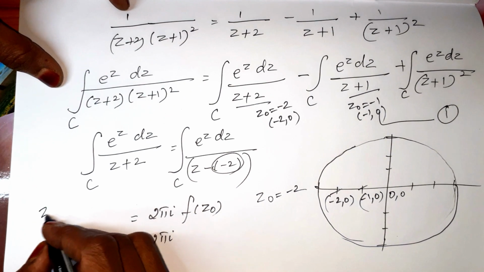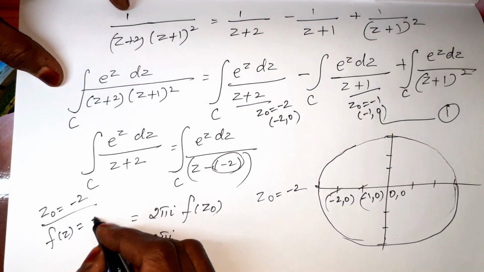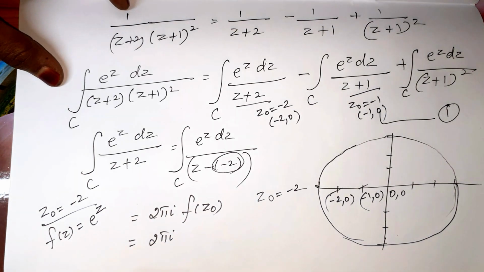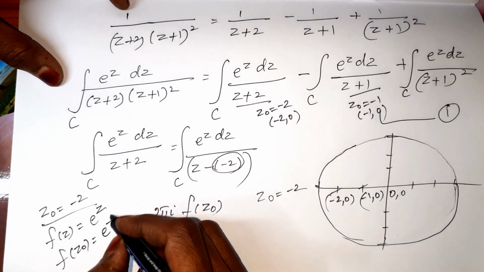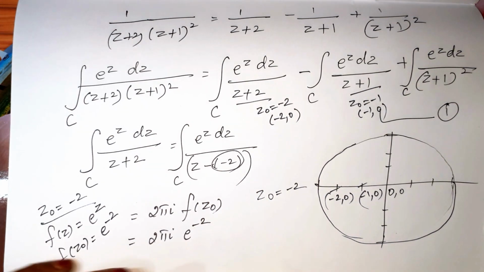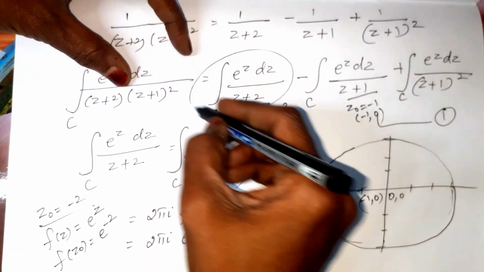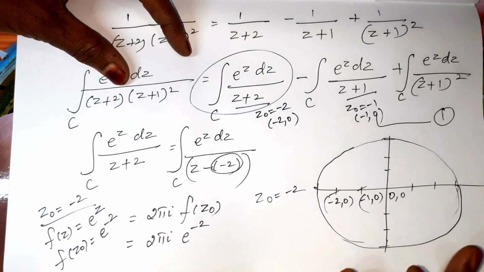Minus 2, and my f of Z is equal to e power Z. So in Z we substitute minus 2, so f of Z0 is equal to e power minus 2. For this we have calculated 2 pi I into e power minus 2.